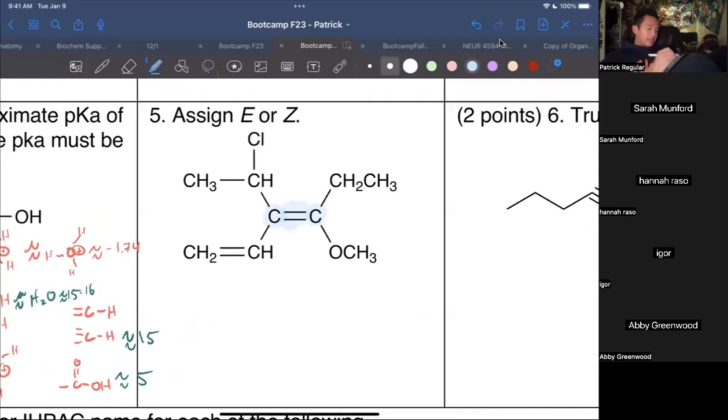Okay. Two bridgehead carbons. Let's cut it in half and look at one side. For the right side, let's identify, hey, look, carbon right here. Let's look at the things it's attached to. Carbon, oxygen. Which one has the largest atomic number? This one.